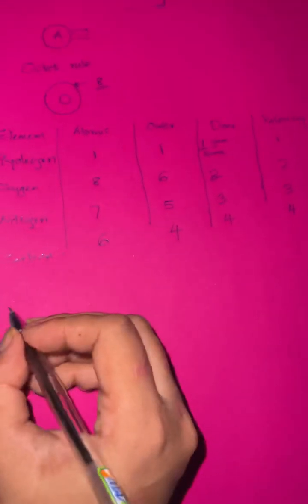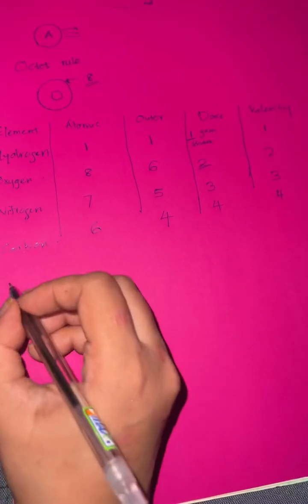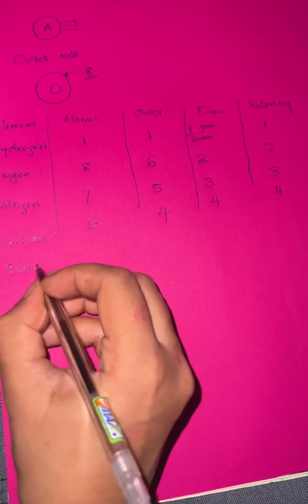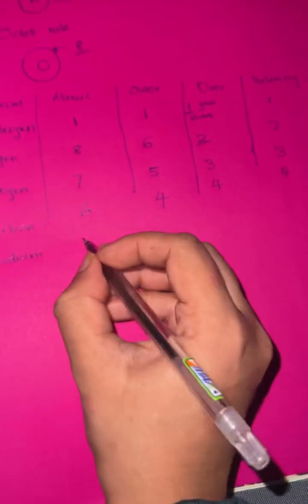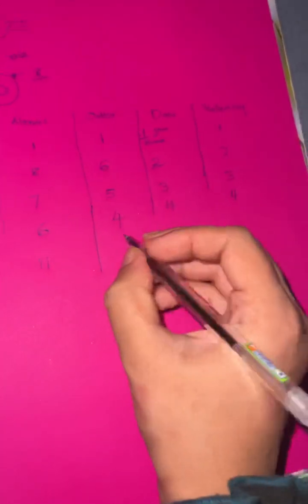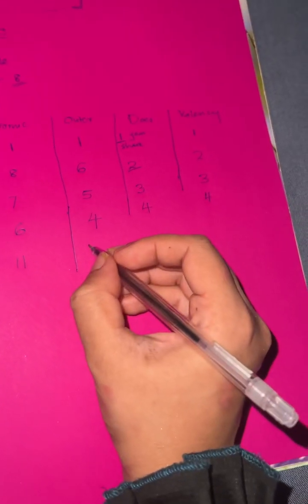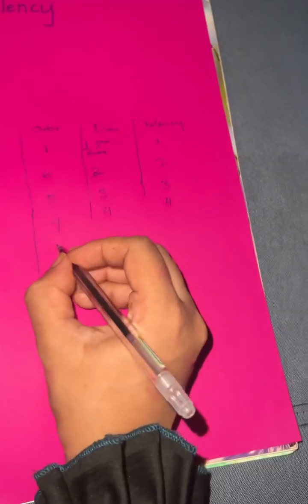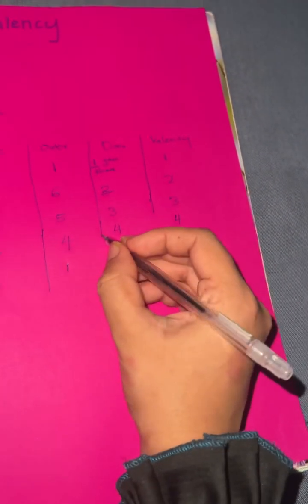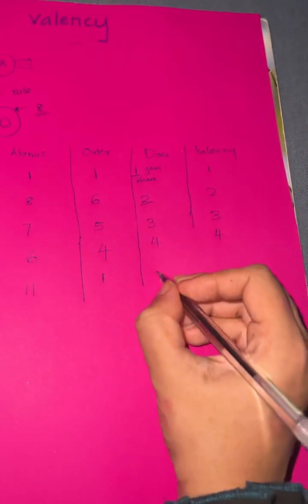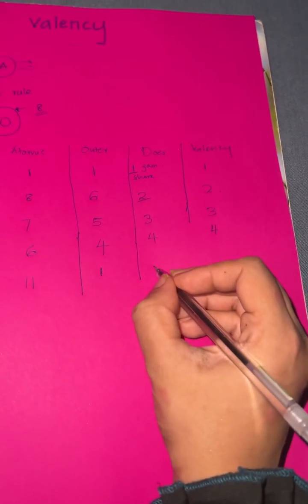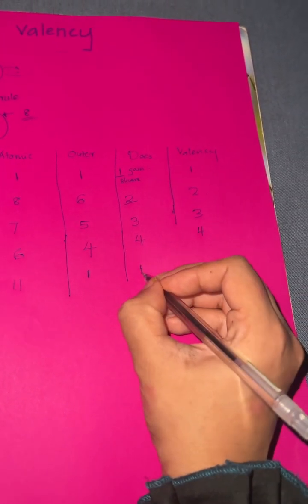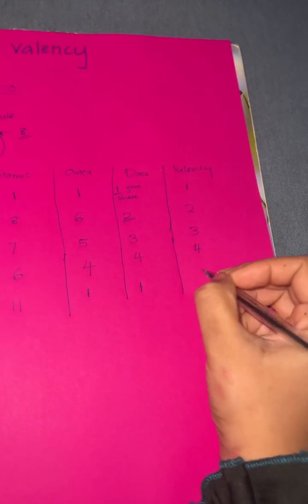The next one is sodium. Atomic number is 11. The electrons are 2 in the first level, 8 in the second level, then the balance is 1. It can lose 1 electron or share 1 electron. So its valency is 1.